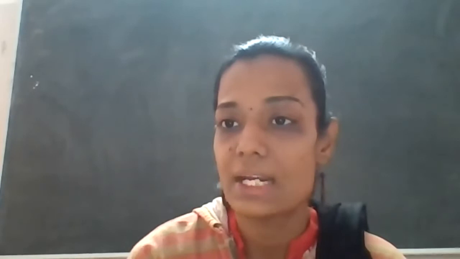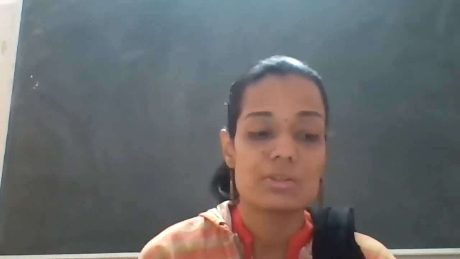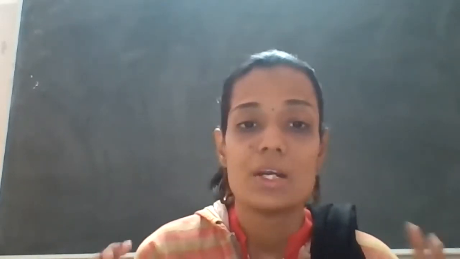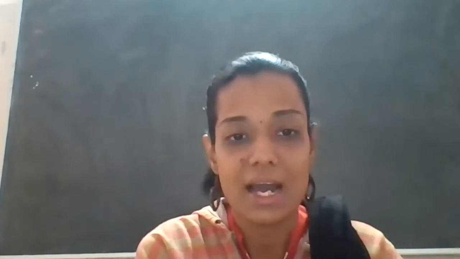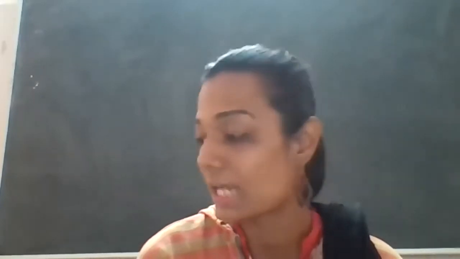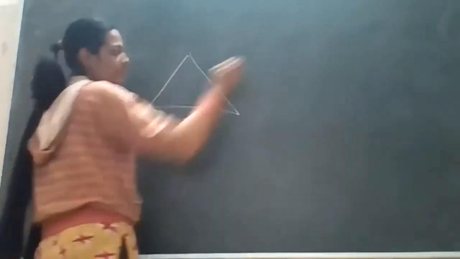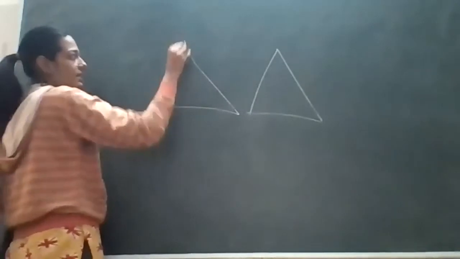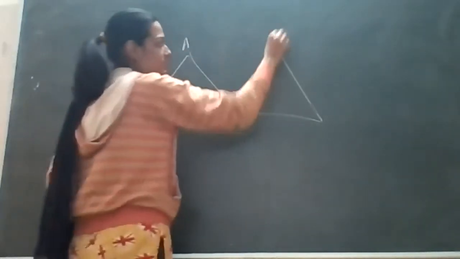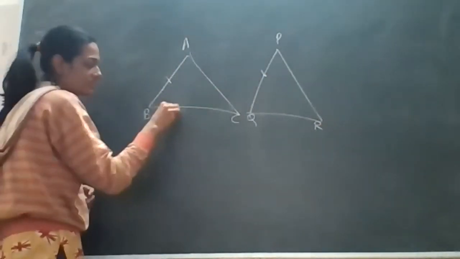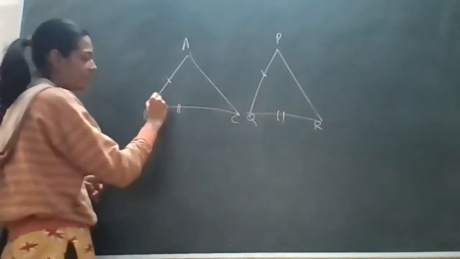Then you have to represent that through a figure. You have to draw two triangles and show that the two sides and their included angle are both equal. Draw the two triangles this way, giving the names also. Here ABC and here PQR. This side and this side are equal, this side and this side are also equal, and this angle is equal.